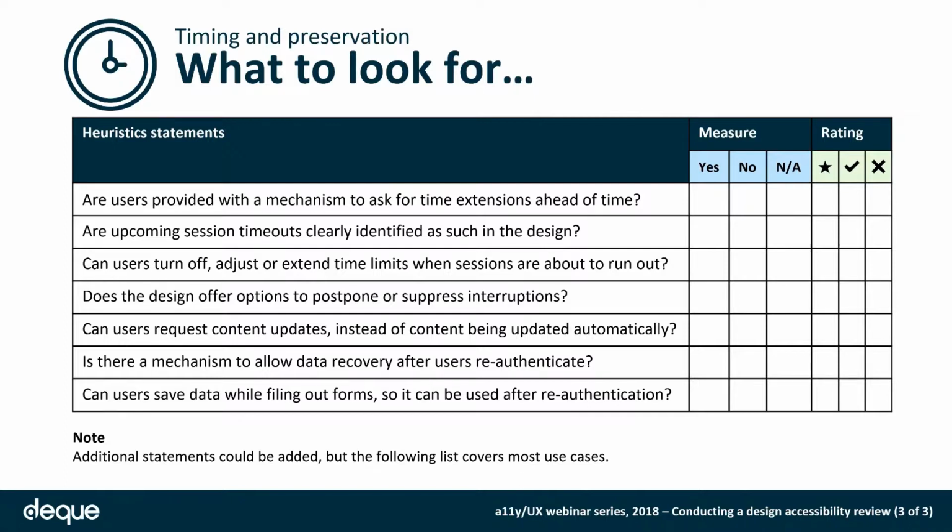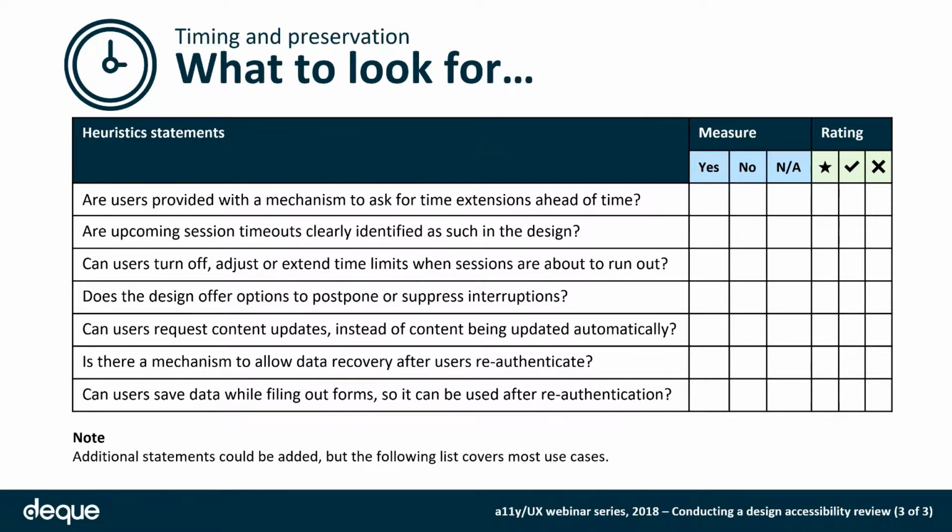Still related to timeouts, when a timeout is actually being triggered, is this something that's clearly identified as such in the design? Is the information provided so that, again, users don't become surprised or it doesn't come unexpectedly to them?